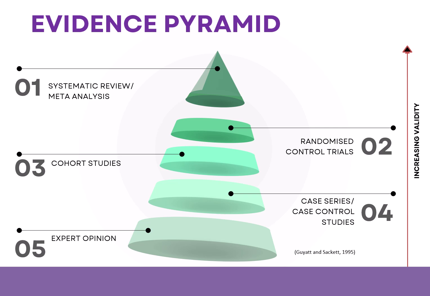Starting from the bottom, we have low validity but high bias. And as you work up in the pyramid, you will find that there is a high validity and less bias. So at the bottom, we have expert opinion.